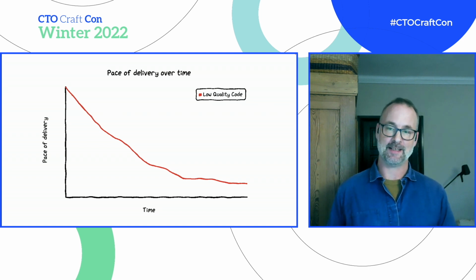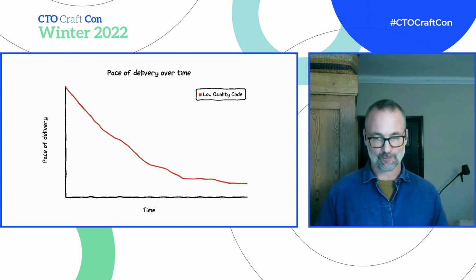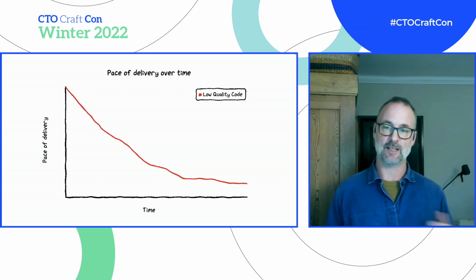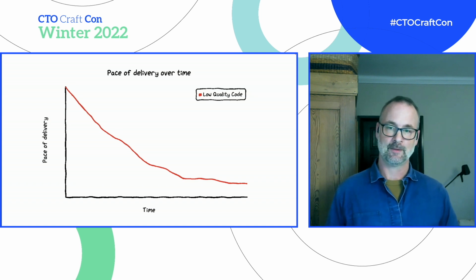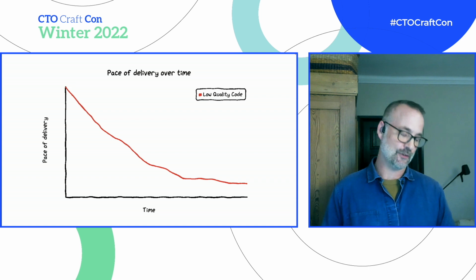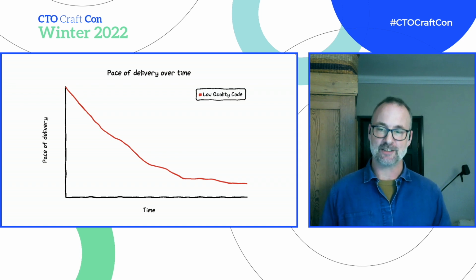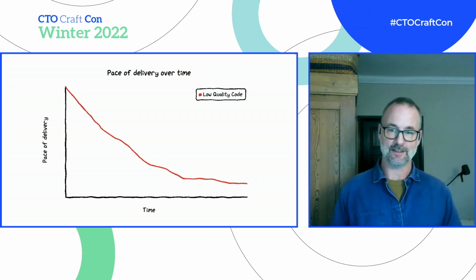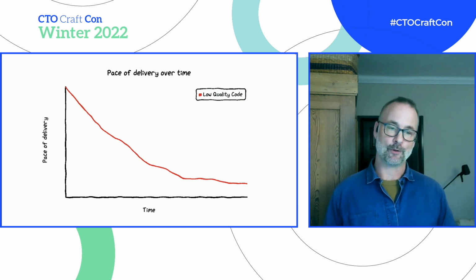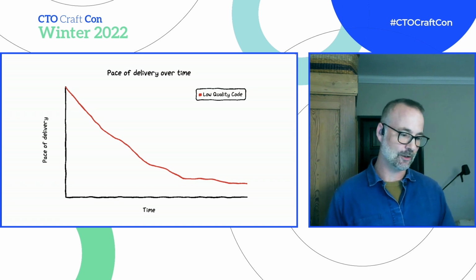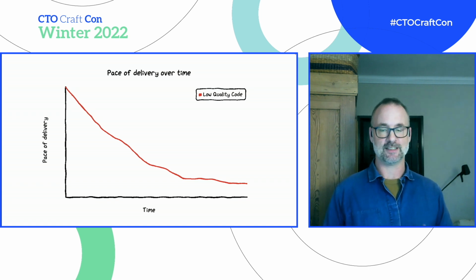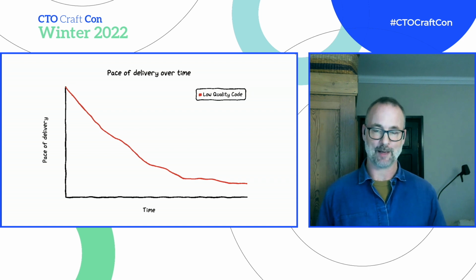This first made-up graph shows pace of delivery on the vertical axis and time on the horizontal axis. And this is pace of delivery of a software project over time, for perhaps your team. At the beginning of the project, you can see the pace of delivery is very high. It's a greenfield project. It's quite exciting to work on. You and your team are able to deliver features and new capabilities very rapidly.